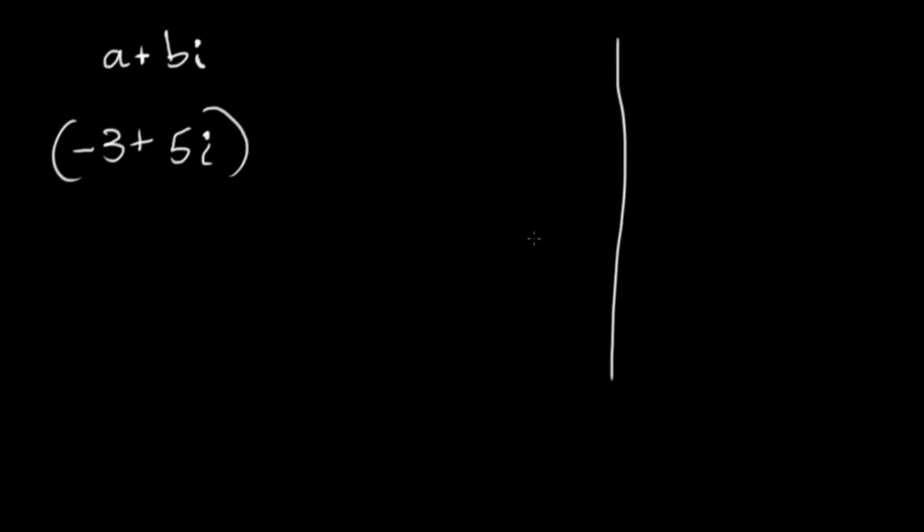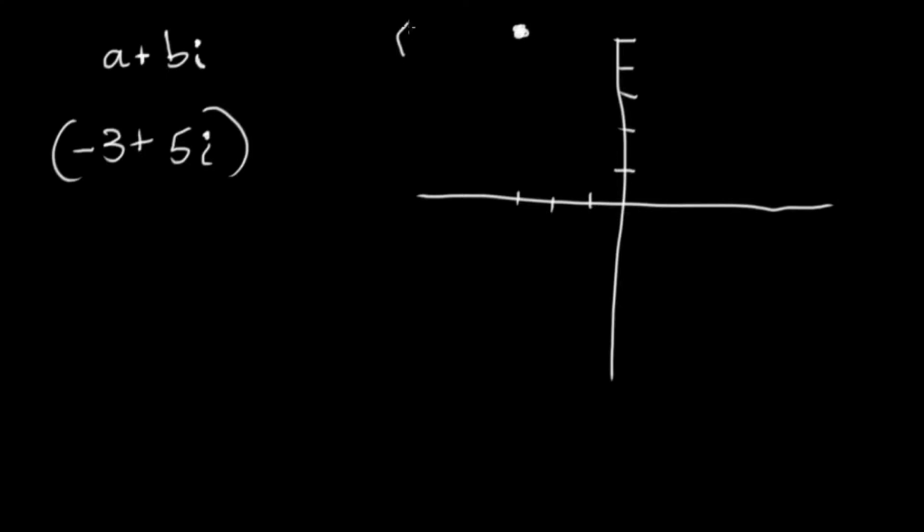So let's look at some arbitrary complex number. Right? Negative 3 plus 5i. All right? On the complex plane, where is this number? Well, it has negative 3 real parts and 5 imaginary parts, so that number is right here.